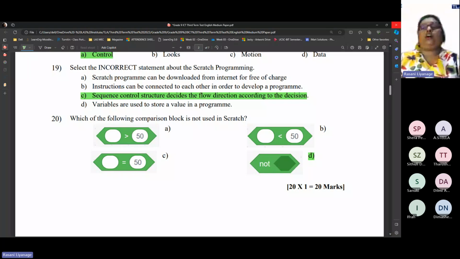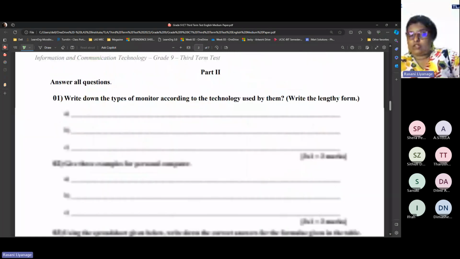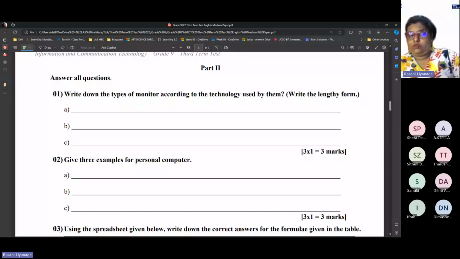All right. So we spoke about the MCQs. Now we are moving to the essay questions. Can I give you a few minutes to complete a few questions?